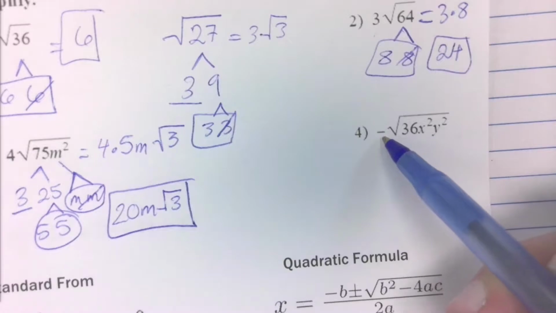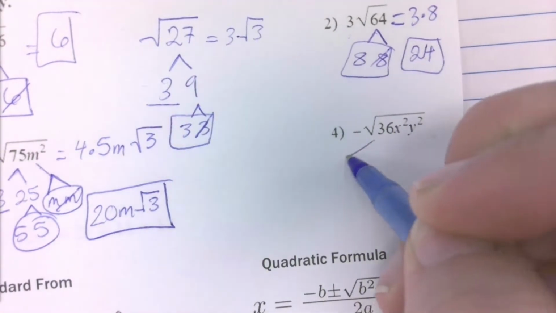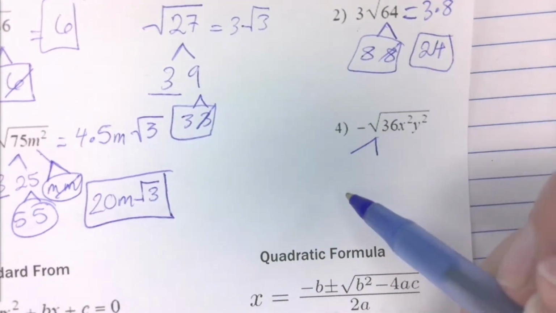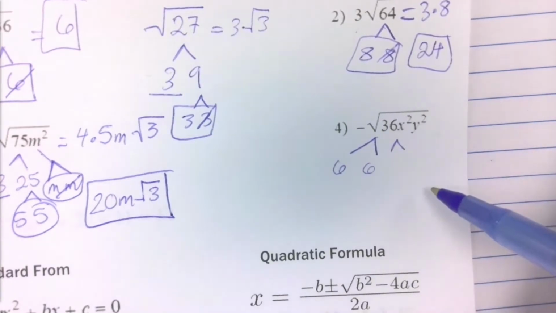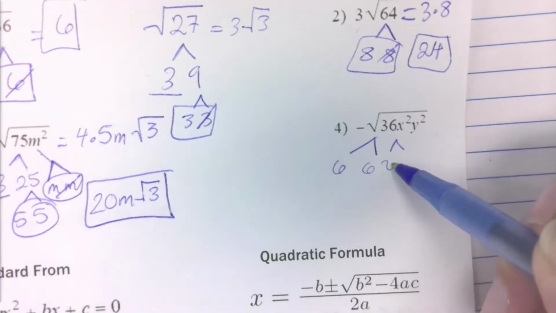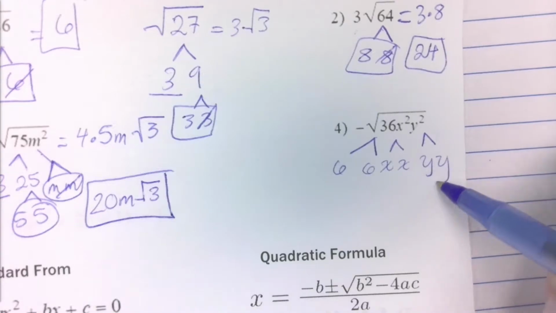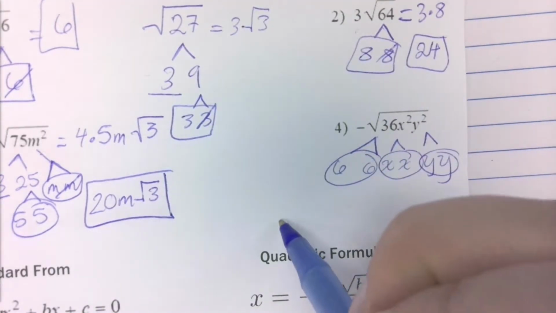This is a negative on the outside. We're now going to break this down. Okay, you guys? 36. Give me two numbers. 6 and 6. Break down the x. How many times do I got to write it? Twice. How many times do I write the y? I got a group, I got a group, I got a group. This negative stays.